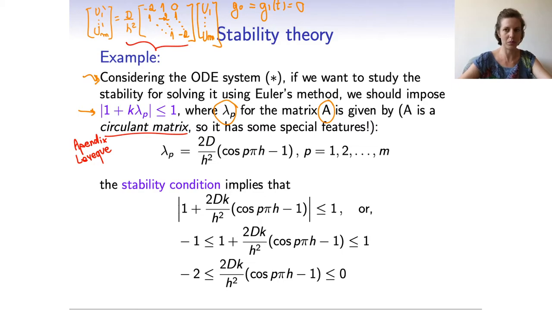So it's a special case of matrix. The eigenvalues of this kind of matrix are given by this formula.